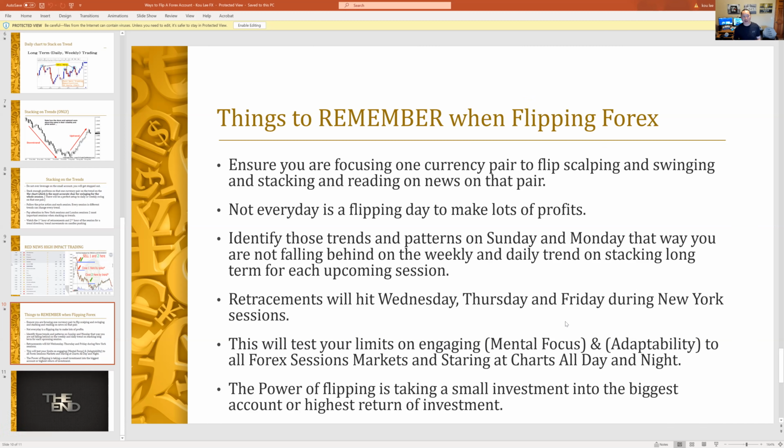There are days where you can't flip an account and you have to sit back and watch the markets. There are days that pairs are just consolidating. There are days that nothing's happening because it might be a holiday week. Maybe it's winter time. Winter time is the worst time to flip an account. I can't stress that enough.